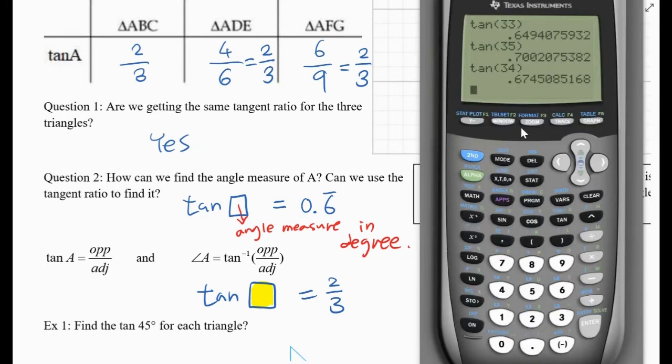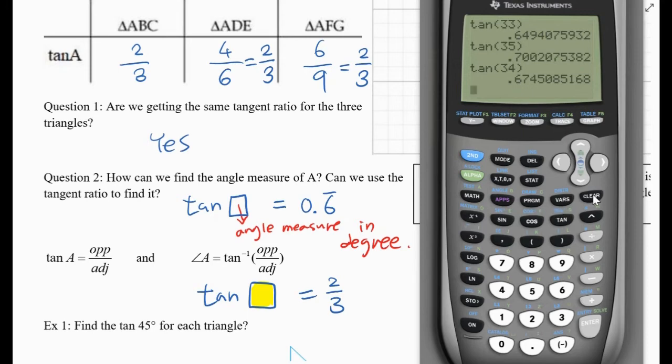Look at the calculator again. Do you see this little blue inverse tangent sign on my calculator? Your calculator should have an inverse tangent button here. So the tangent button, and right above it, its inverse tangent is written.